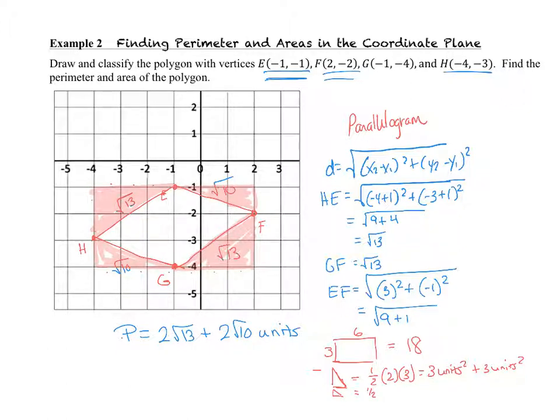We've got height of 3 and a base of 1. So 1/2 times 1 times 3, which is 1.5 units squared, but I have to double that. So it's really 3, 6, and 1.5 and 1.5 makes 9. So it's 18 minus 9, so it's 9 units squared for the area.